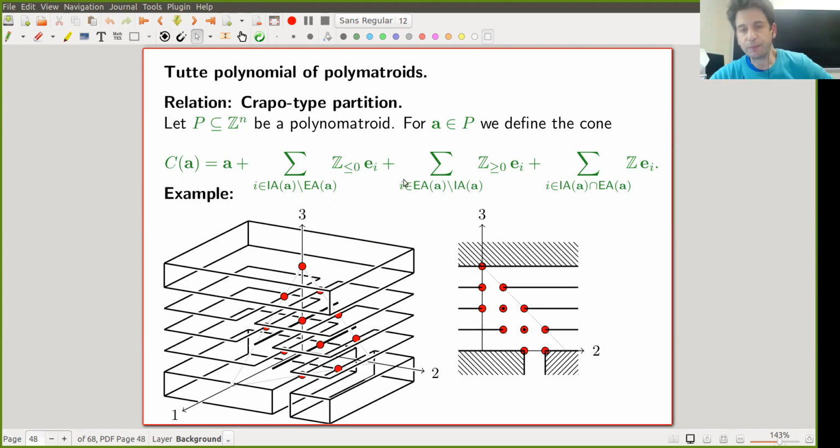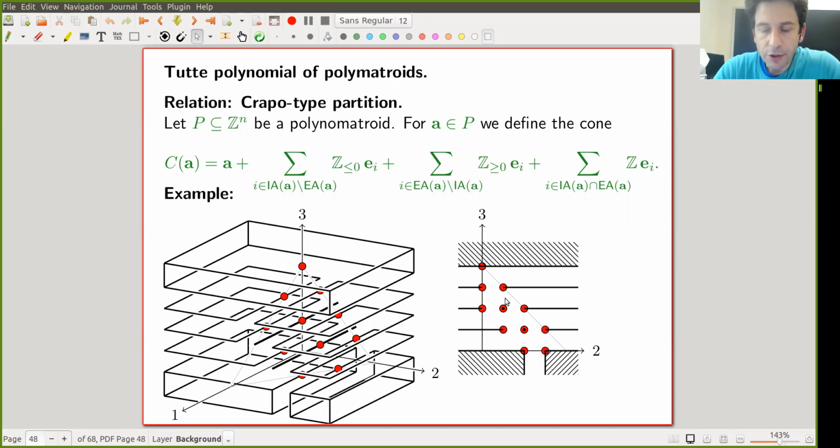Let me show a picture. So here's a polymatroid, and to each basis I'm going to associate a cone centered at that point. These are actually two times the same picture, just that here the one direction is perpendicular to the board in the second picture.